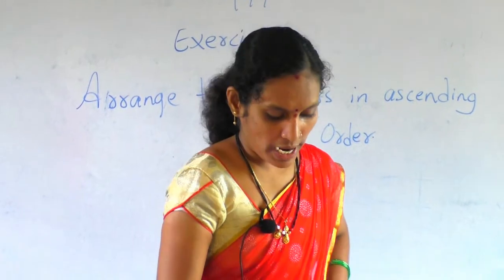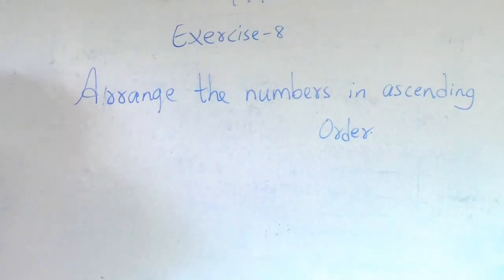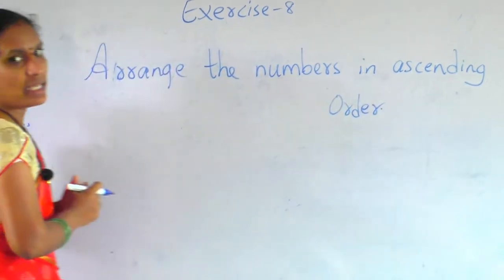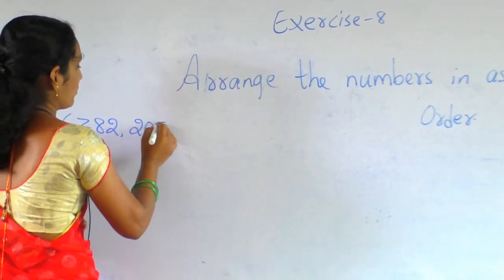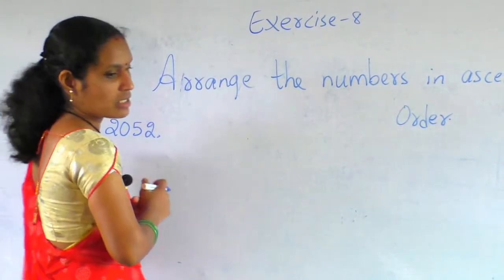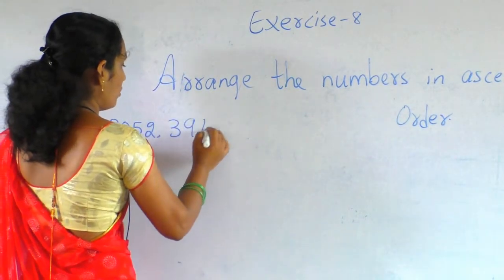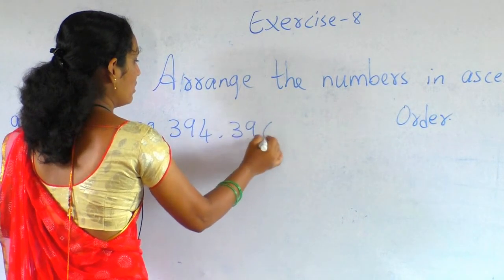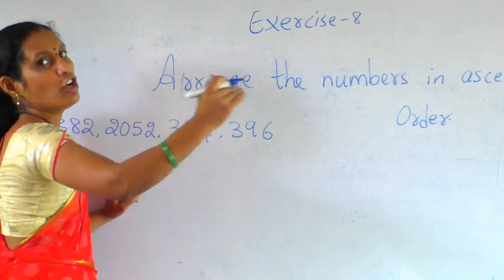Just you see first one. First one 6382. Next 2052. Next 394, 396. Arrange the numbers in ascending order. Ascending means smaller to bigger.